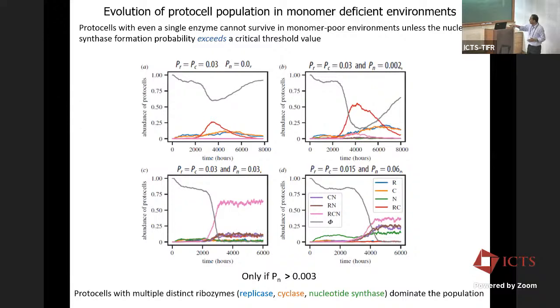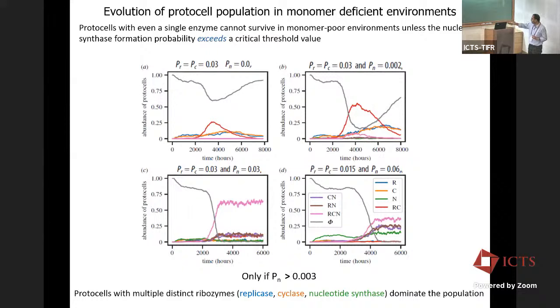So next, we looked at a situation where the environment is monomer deficient and introduced the possibility of nucleotide synthase emerging with a small probability during this process, along with a replicase and a cyclase. 5 minutes, okay, yeah. And we found similar results.